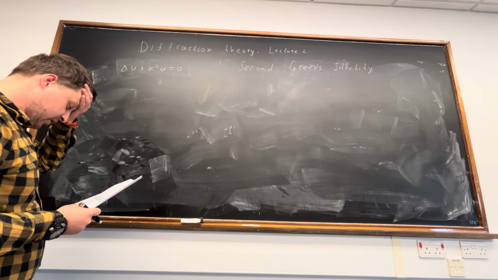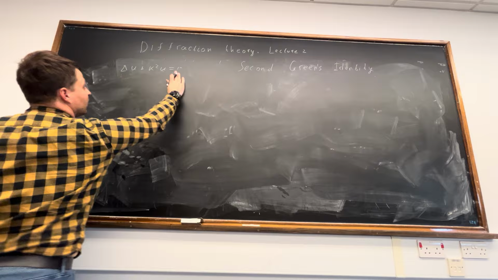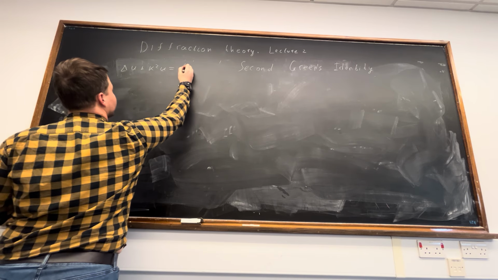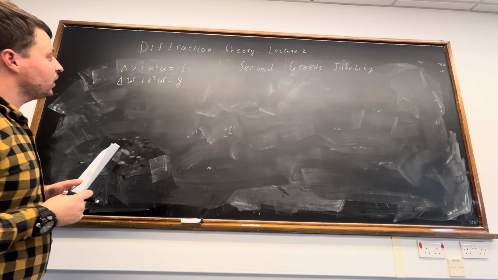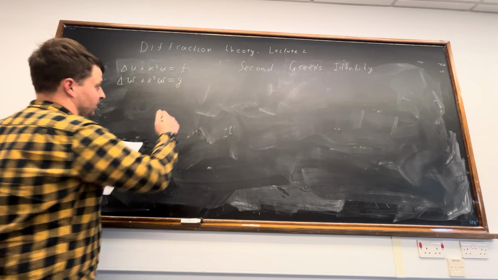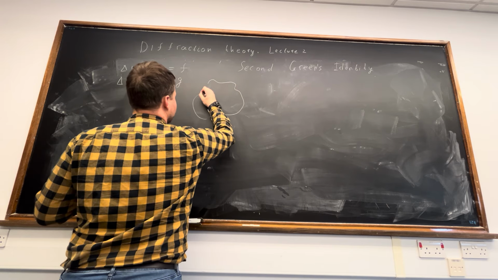So what is this identity? We consider a pair of equations with some right hand side, with the same wave number, and we ask them to be satisfied in some domain. So we have some finite domain omega.